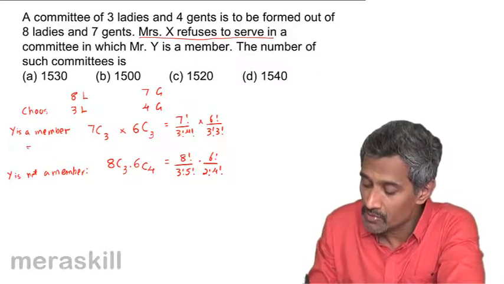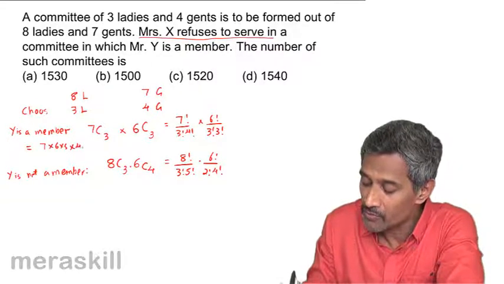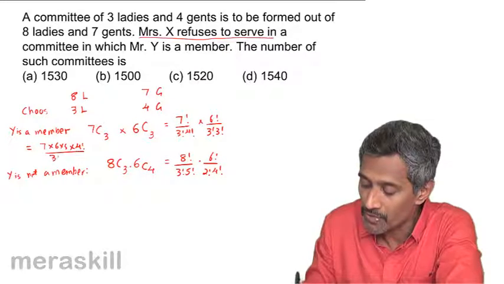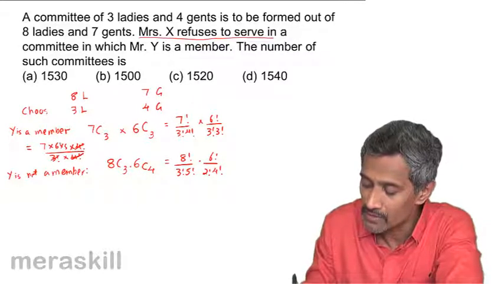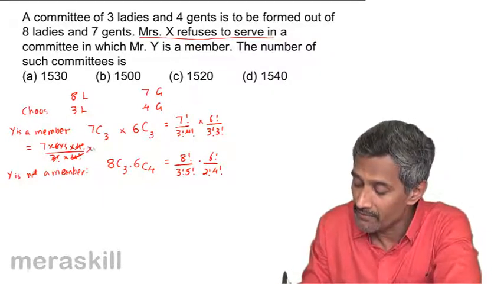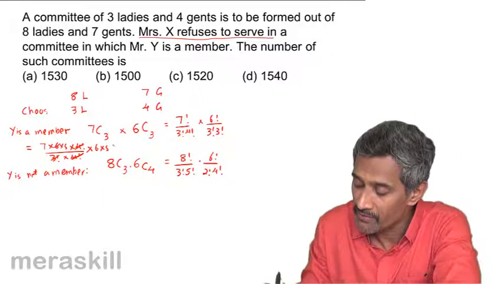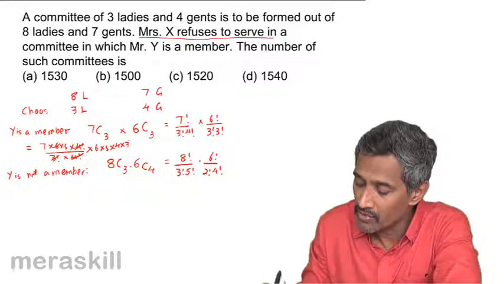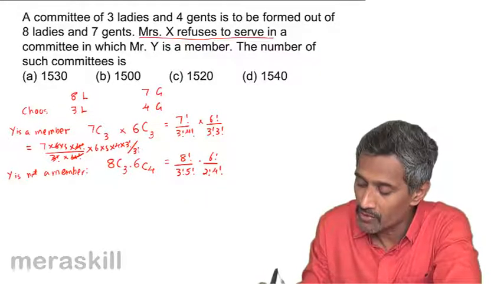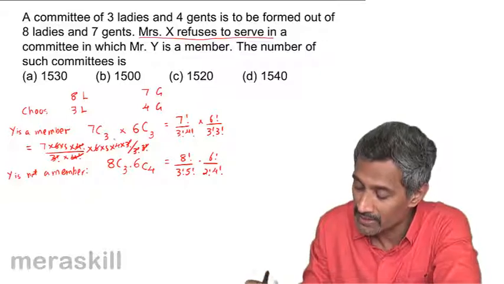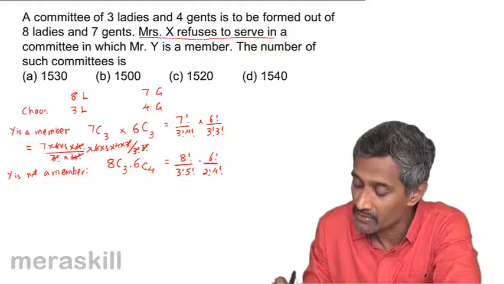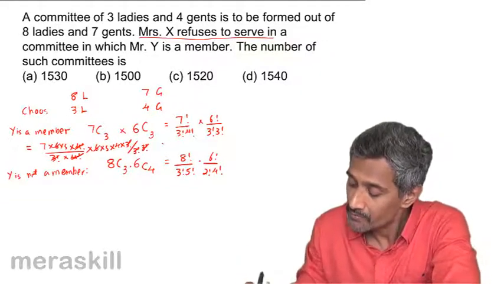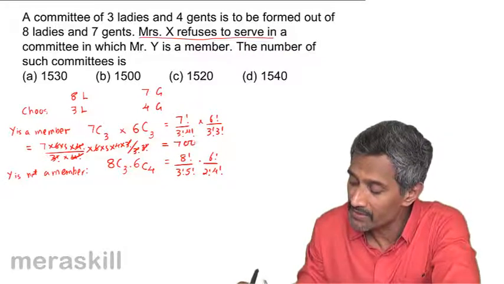This will turn out to be 7 into 6 into 5 into 4 factorial upon 3 factorial into 4 factorial. This turns out to be 35 into 6 into 5 into 4 into 3 factorial upon 3 factorial into 3 factorial. This gets cancelled. This also gets cancelled. So it's 35 into 20, which turns out to be 700 here.